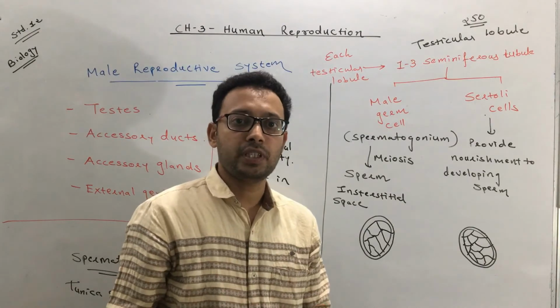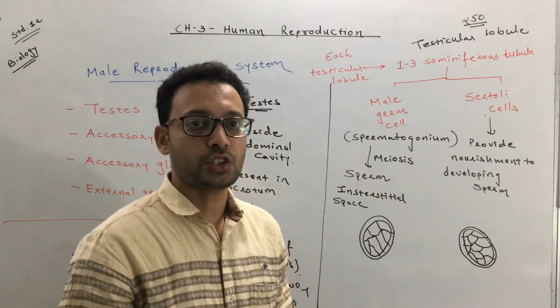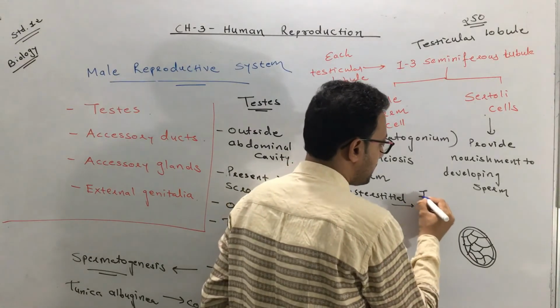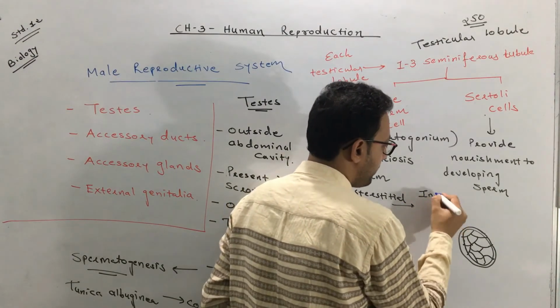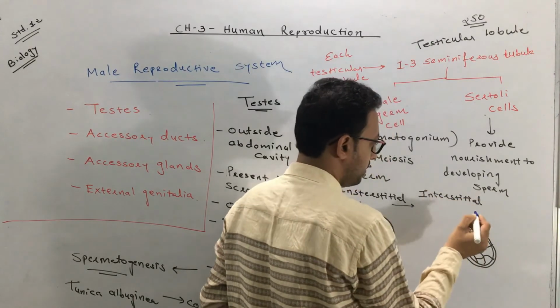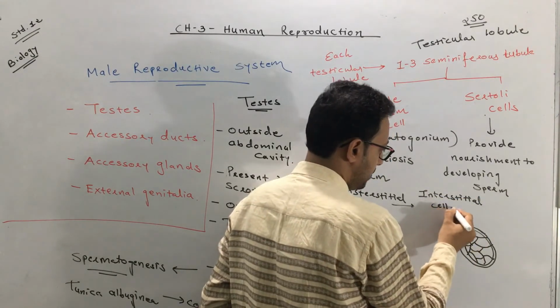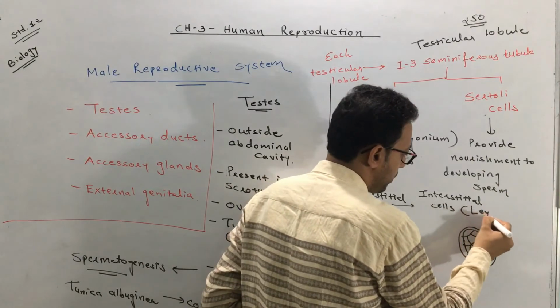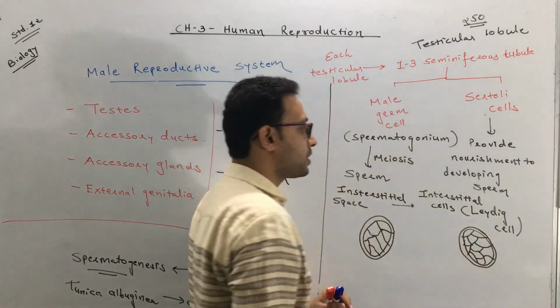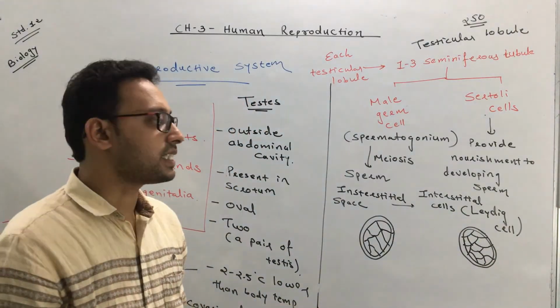The space outside a seminiferous tubule is called the interstitial space. It possesses a cell, and the name of this cell is interstitial cell, or it can also be called the Leydig cell.